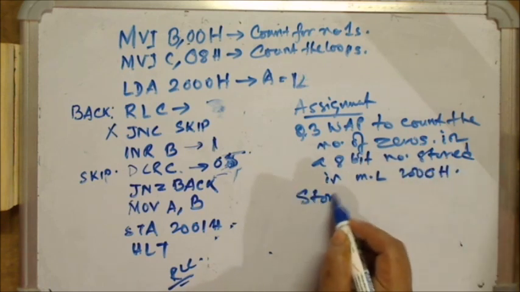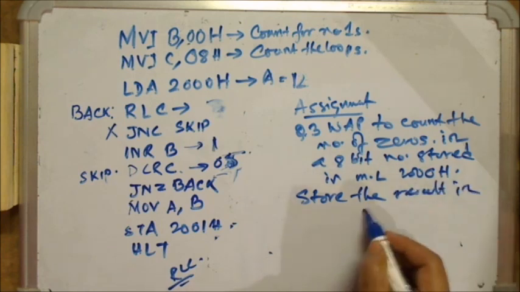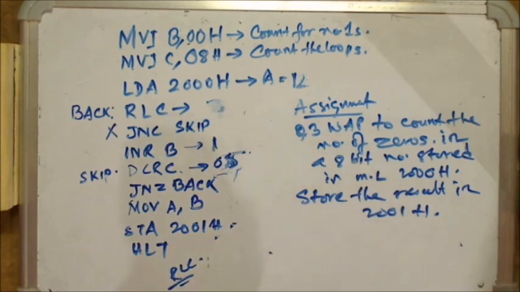Then store the result in 2001H. So how will you do it?